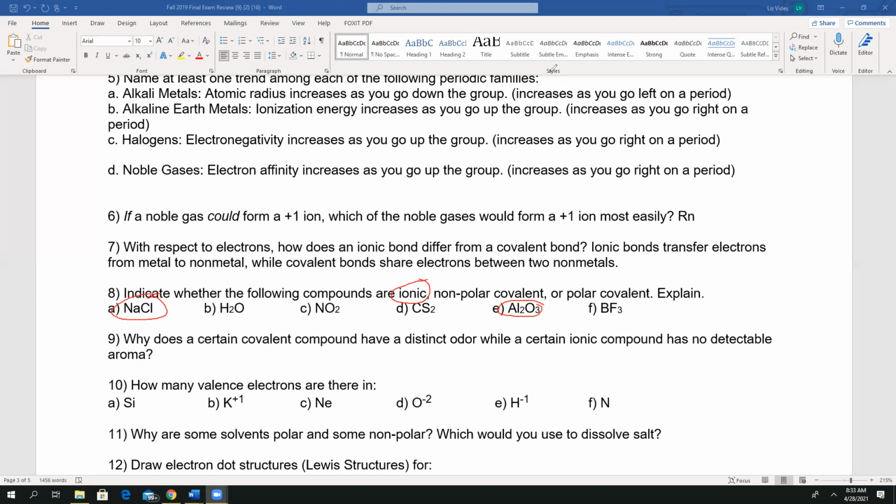For non-polar, you would have to actually grab your ionization energies that I asked you to print.